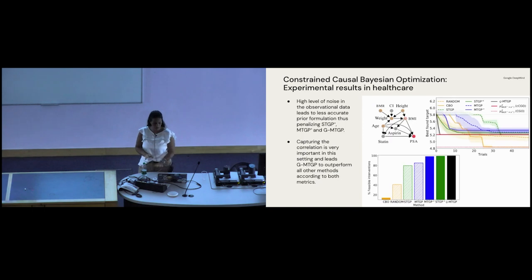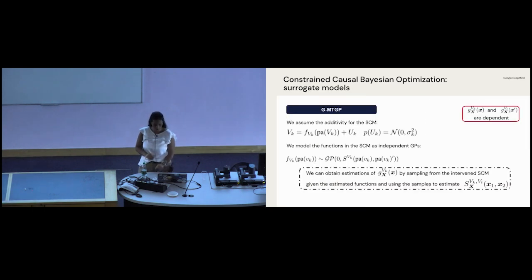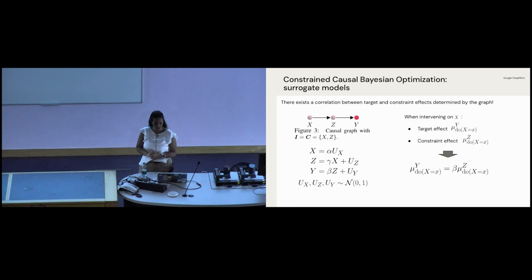I know this is complex, so we can make an example. If we go back to this case here, this is linear, but let's assume that gamma x is just a function for z. What we do is we fit gamma, we fit beta, and then we sample, and I'm assuming a Gaussian distribution for this variable u. So I sample a value of x, I compute the estimated gamma x, so I sample a value of z, then I sample a value of y, and I do that repeatedly.